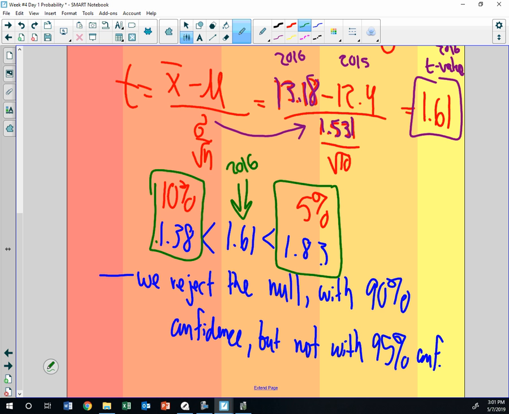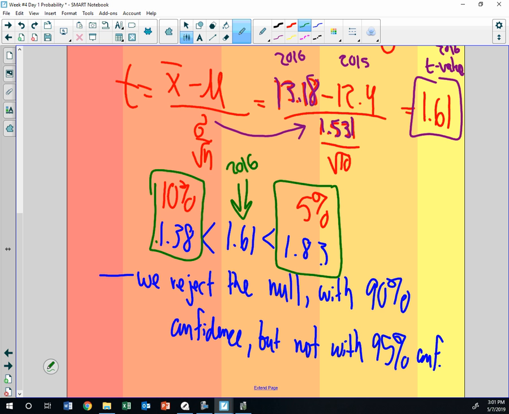So this gives me numerical rationale for why we can reject the null or not. Yes, we can reject the null at the 90% confidence because we're greater than 1.38. But we cannot reject the null at 95%.